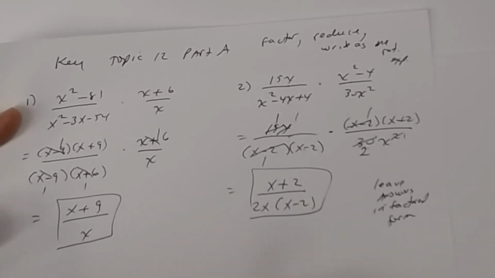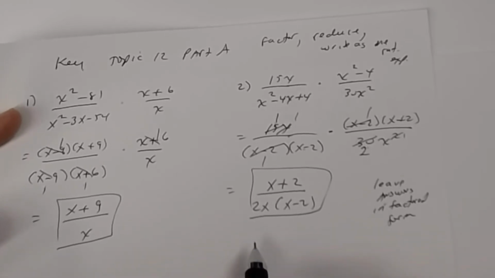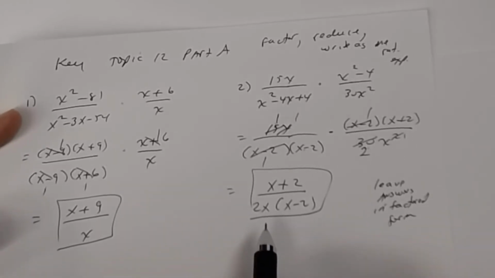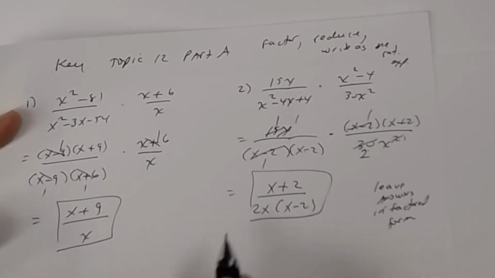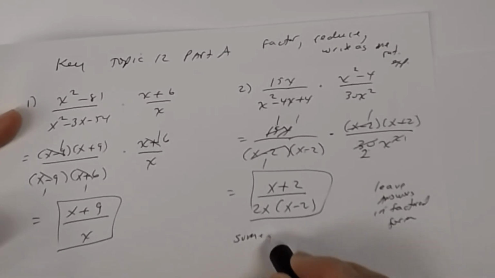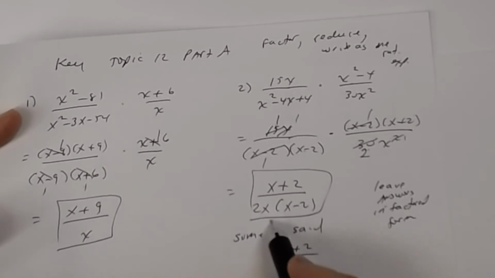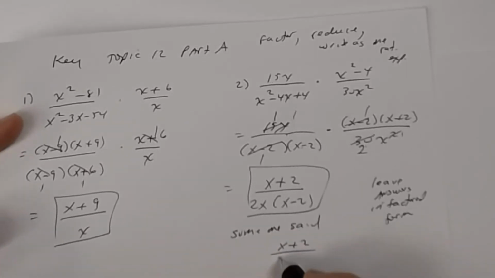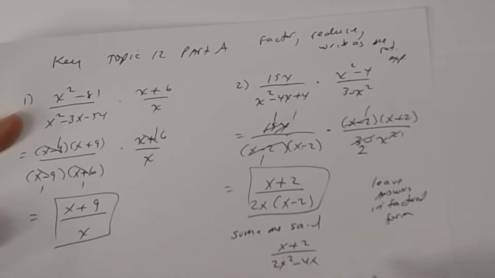Leave it like that. Now, if you multiply this out, the denominator, is it wrong? No, it's not wrong, but we prefer to leave it in factored form. Leave it in factored form, you're done. So in other words, if someone said x plus 2 divided by, and they distributed 2x, and said 2x squared minus 4x, there's nothing wrong with that.